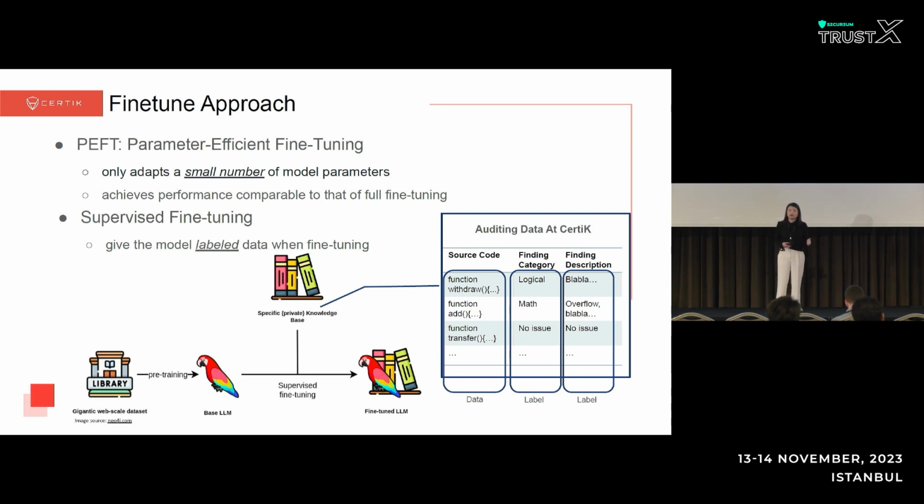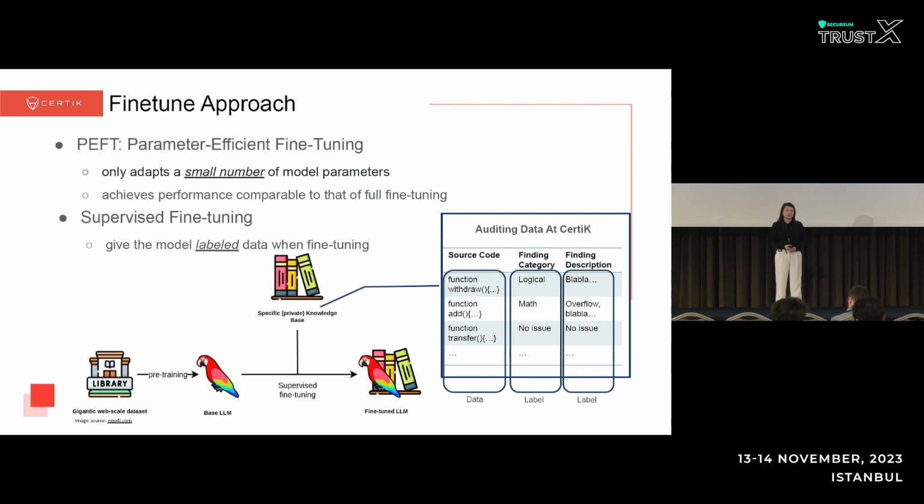Now we have the base model, and how we're going to fit our static data into this model is that we have to do the labeling on each of the data that we are passing. So we have to classify the function. We have to tell the model itself if the function is vulnerable or not. This process is called supervised learning.